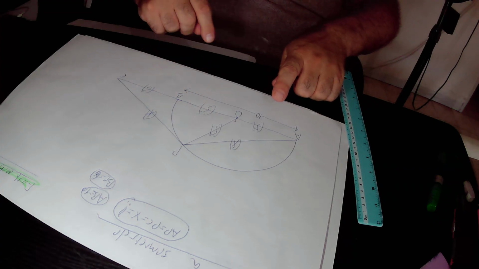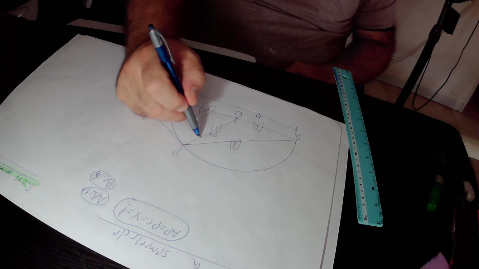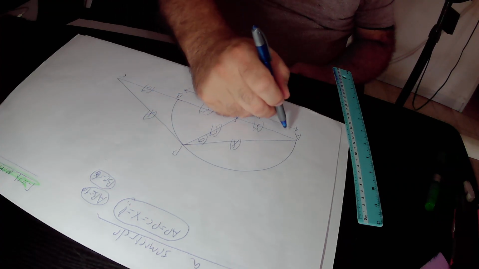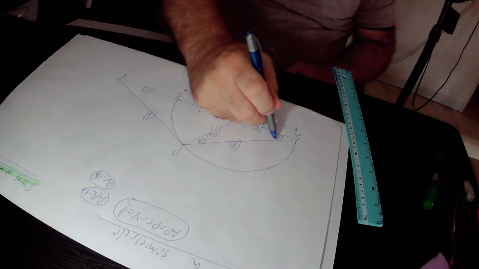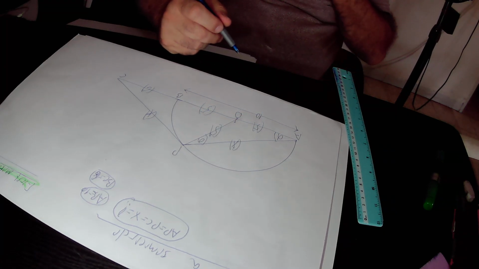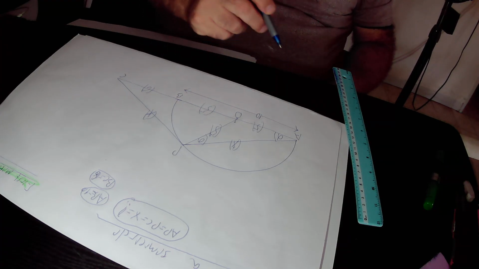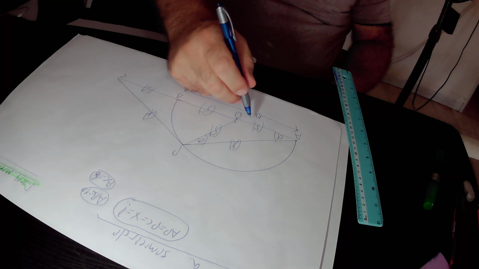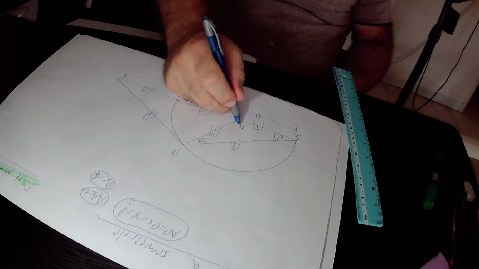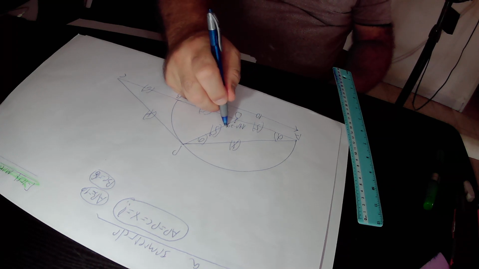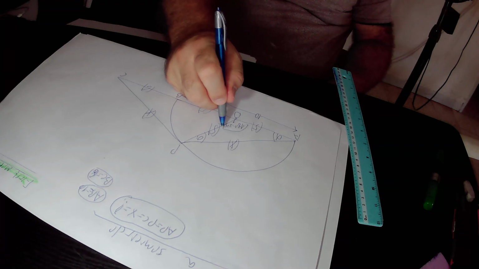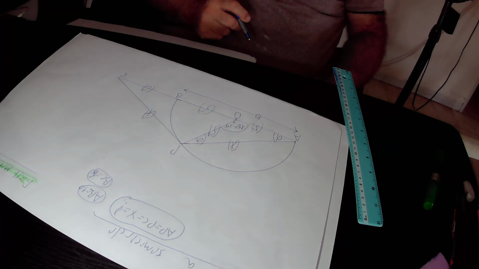If you define the size of this angle as alpha, then the size of this angle must also be equal to alpha. So in triangle AOP, alpha plus alpha is 2 alpha. Therefore, this third missing angle must be equal to 180 degrees minus 2 alpha, according to the rule that says that the sum of the angles in any triangle is equal to 180 degrees.